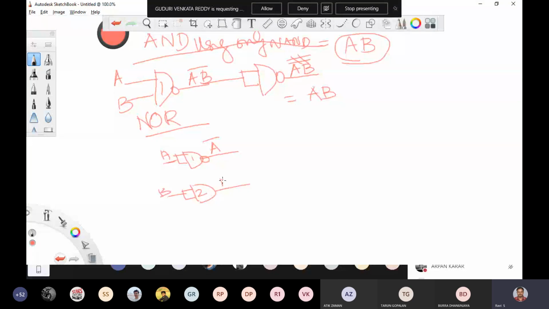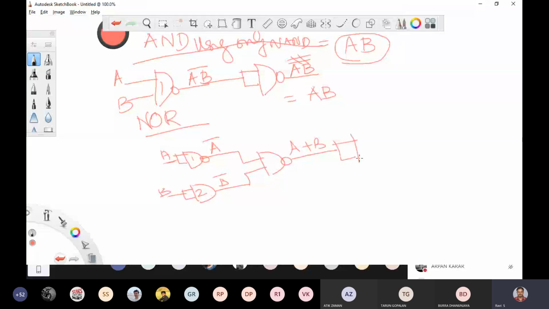Both are connected to one NAND for obtaining A plus B. Correct? This is what we proved. Now if I connect A plus B into one NAND based inverter number 4, I'll get A plus B complement. This logic is nothing but NOR implementation using only NAND.